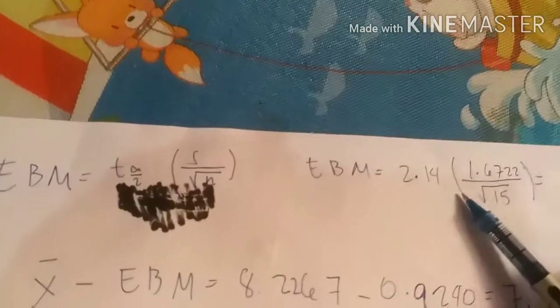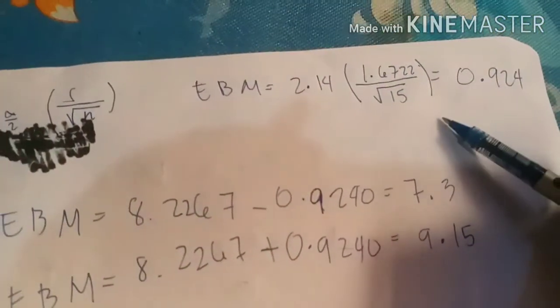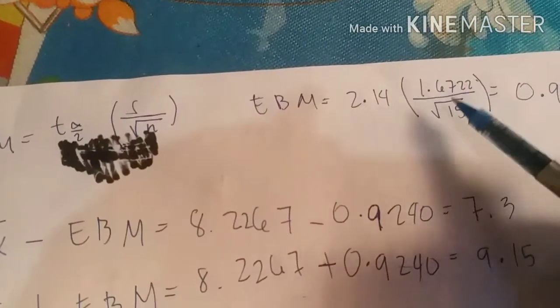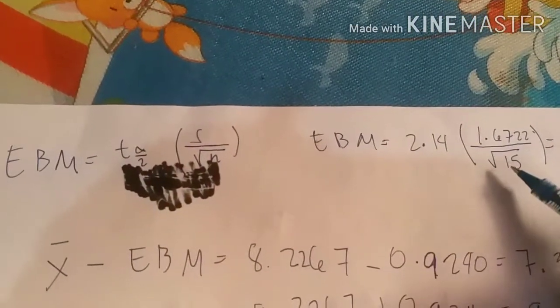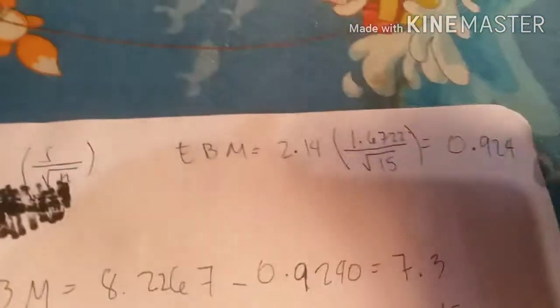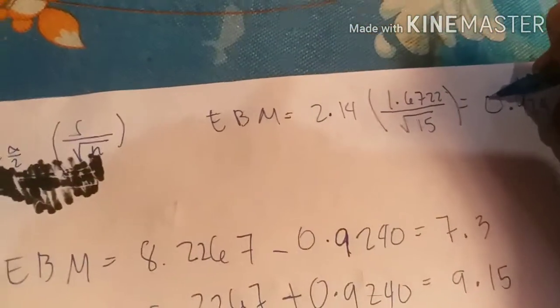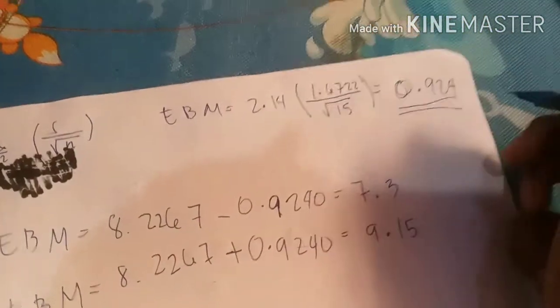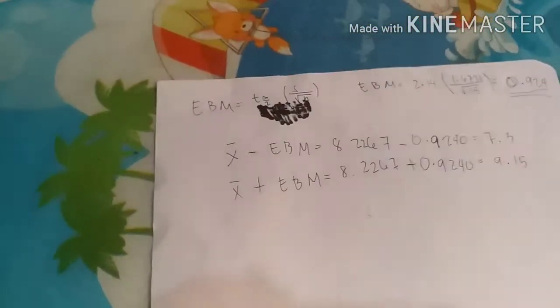So ito na yun: 2.145 times 1.6722 all over square root of 15. So ang answer niya is 0.924. Ito na yung EBM mo or error bound for population mean, yung 0.924.